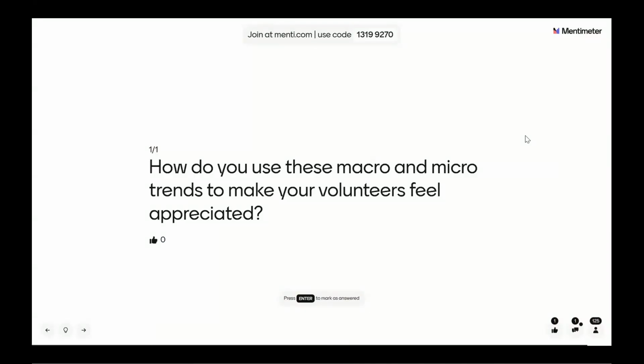Yeah. So, how do you use these micro and macro to make you feel appreciated? So here's, I love volunteer appreciation from a micro macro thing because I think it's far more complex than we acknowledge, but also I actually think it's somewhat less important. We talk so much about volunteer recognition and appreciation.